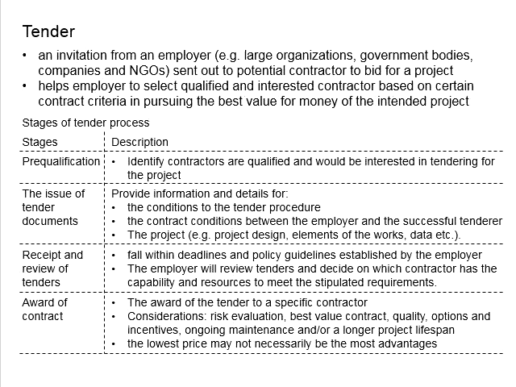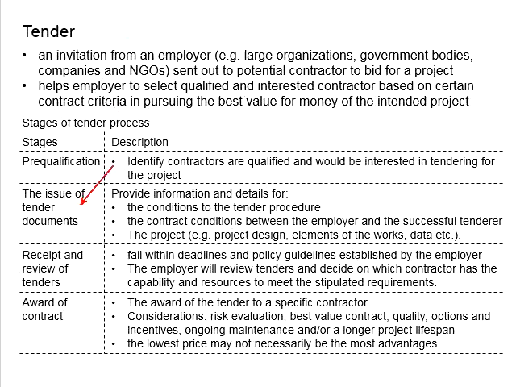In the previous videos, we mentioned various stages of the tendering process. This includes the pre-qualification stage, where the employers identify the potential contractors who are qualified and would be interested in undertaking the project.